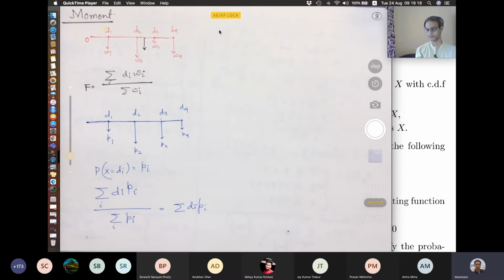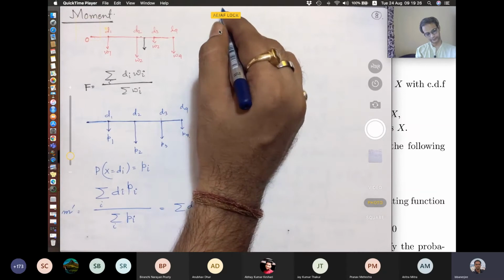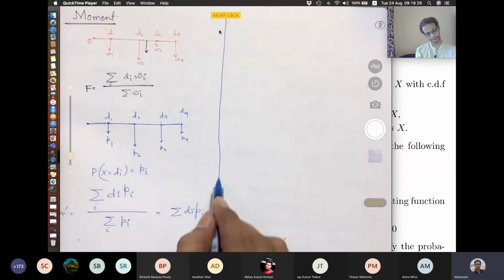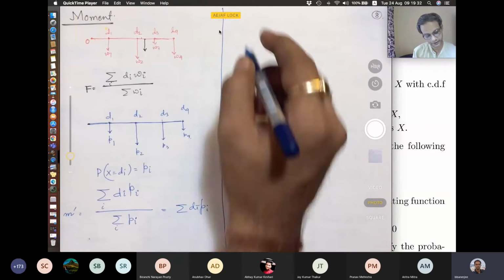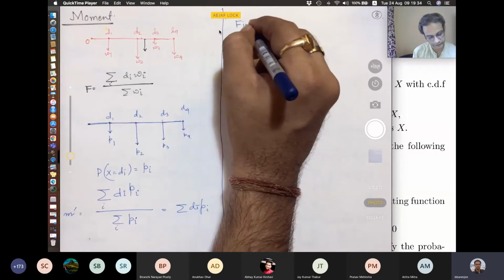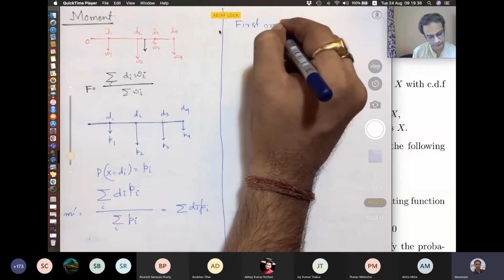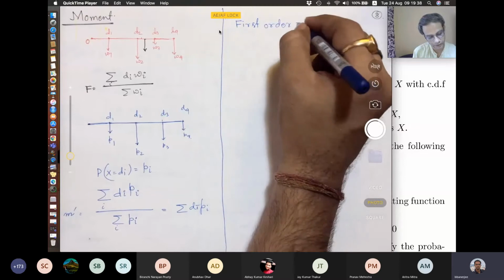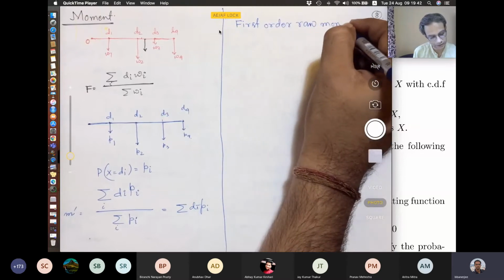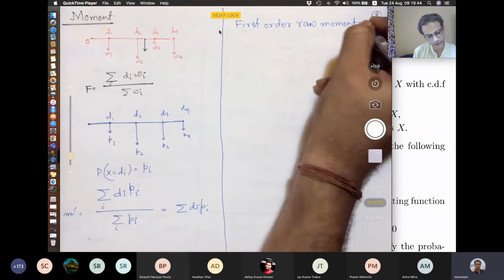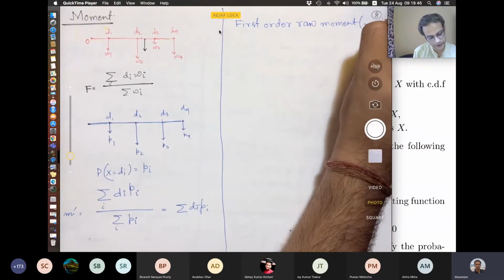Okay? So this is known as the first order raw moment, usually denoted by m prime.